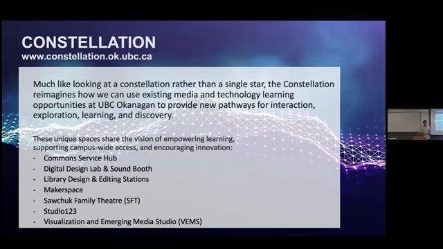They have several different entities on campus that you'll see on the screen here. Some of these are video studios, podcasting studios, immersive screen spaces, prototyping, and 3D printing labs. So it's quite a variety of high-tech space that is accessible and open to anyone on campus here.